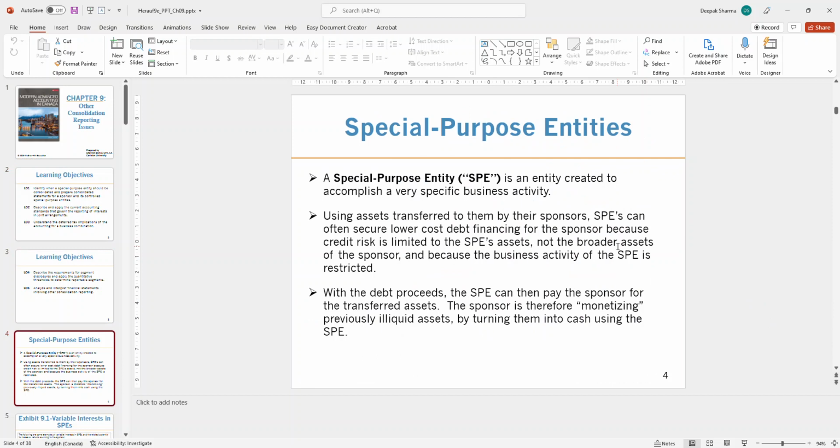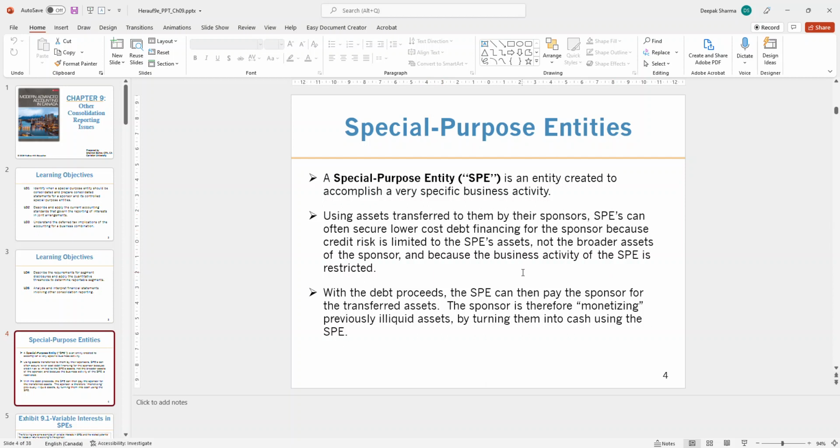In that case, what usually happens is some assets get transferred by the sponsors, and those sponsors could be controlling or non-controlling entities. They are often used to secure low-cost debt financing.